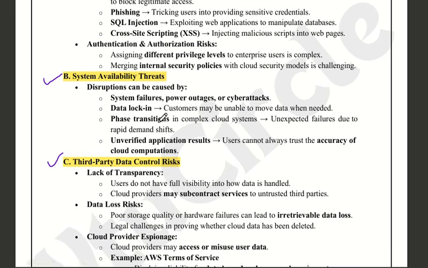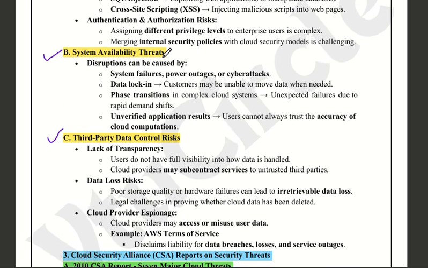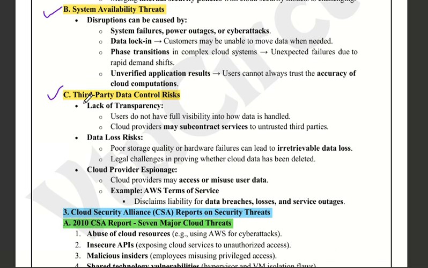And the second one, system availability threats. Again, in system availability, some threats also arise, so to avoid that we need security. It is the second category. Then the third one is third party data control risk.